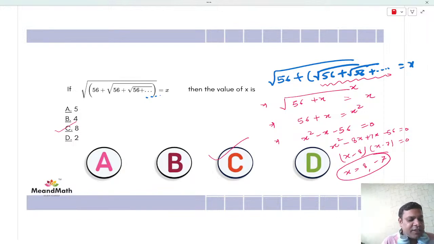Saranya, no need to worry about that. Now, tell me guys, is this clear to everyone? The answer of the question is 8, option number C is available in the options. Shall we move ahead?